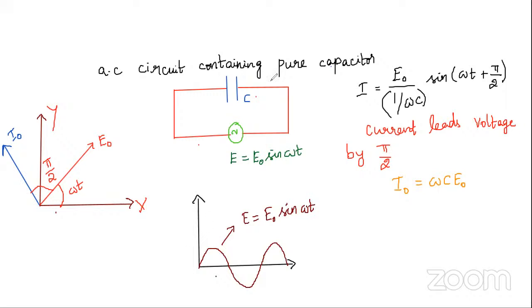But now the current should reach the maximum first when compared to voltage. So it should be represented by this dotted diagram, like this. So this green color represents the current that is I equal to I naught sine omega t plus pi by 2.